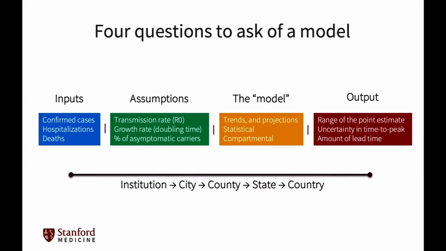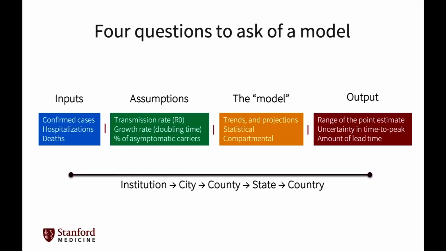So when you see a model output in front of you, I would encourage you to ask the following 4 questions. What are the inputs to the model? Is it based on death rates? Is it based on confirmed cases? Is it based on hospitalizations? What are the assumptions about the prevalence of the disease, the transmission rate, the R0 and growth rate, and so on?